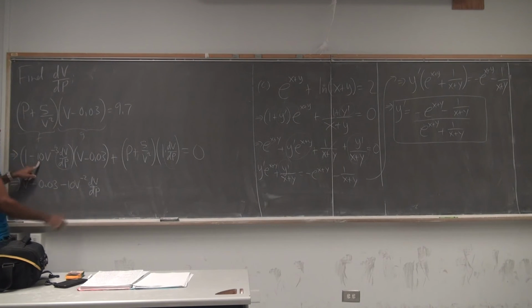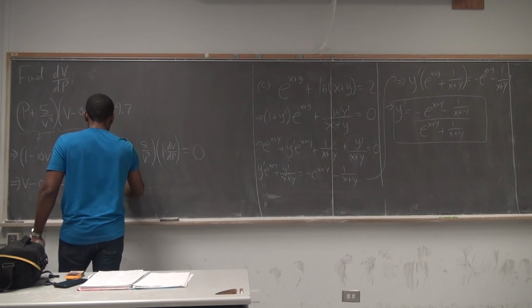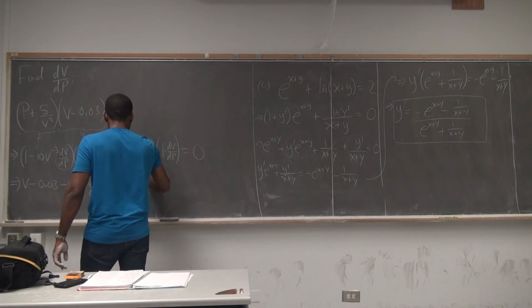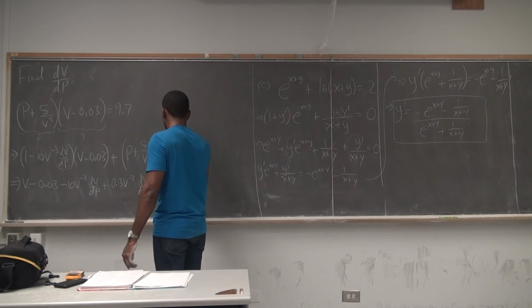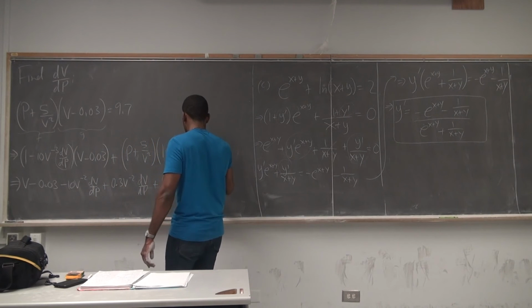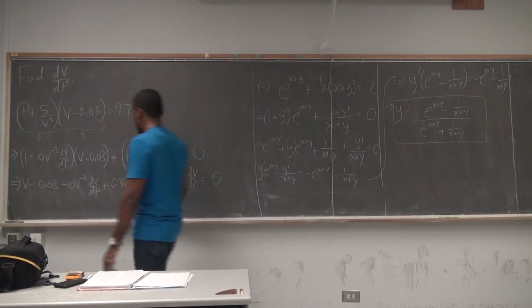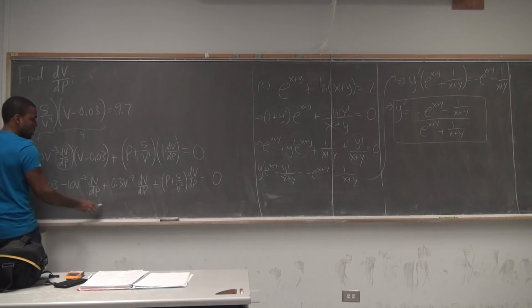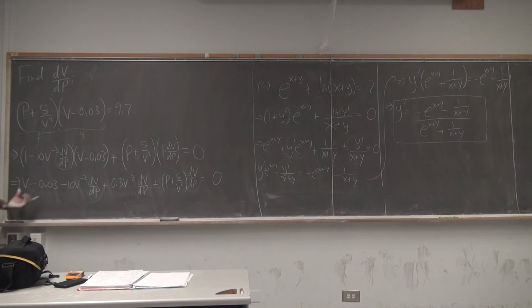And then this times that, which gives me a plus. Now I have 3 terms where the thing I want is present. There are these guys that don't have it, so I'm going to bring them to that side.